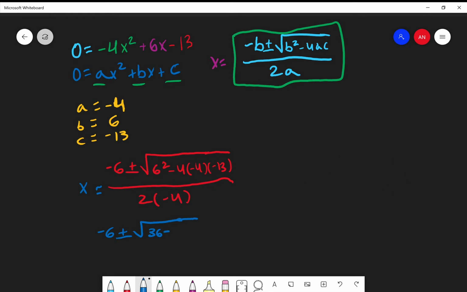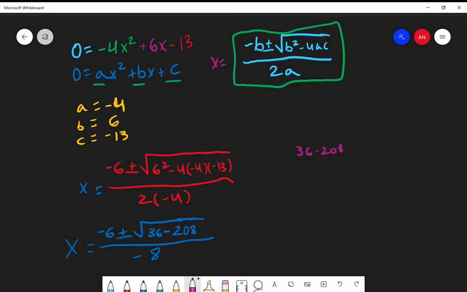So 36 minus 208, divided by negative 8, which is 2 times minus 4, is equal to x. From here, 36 minus 208 is negative 172.